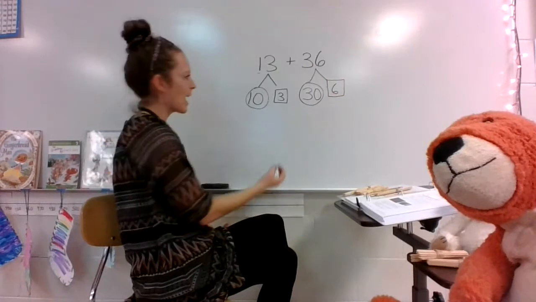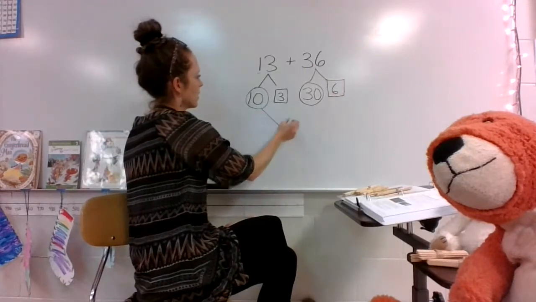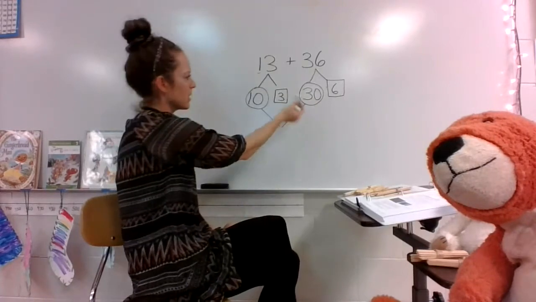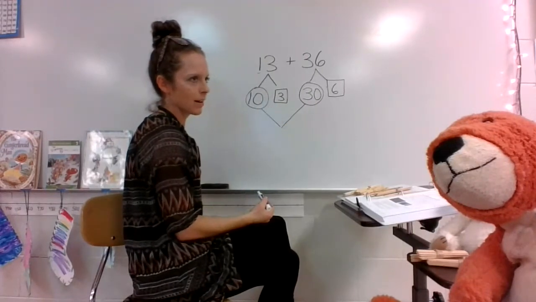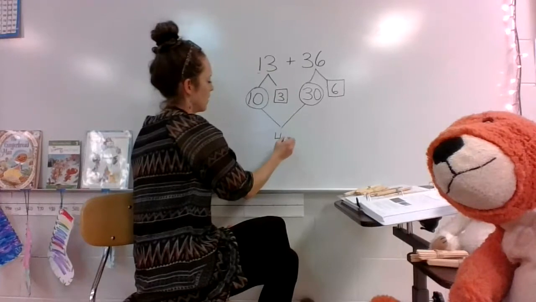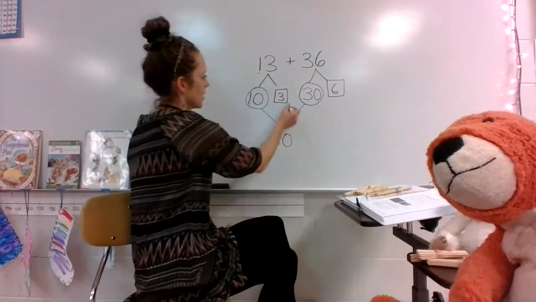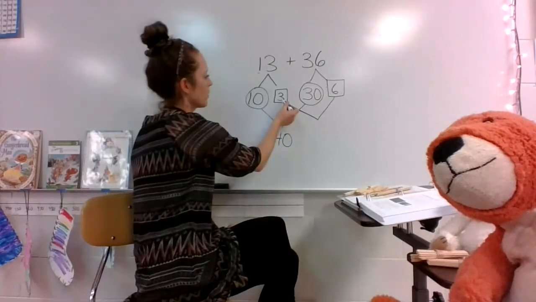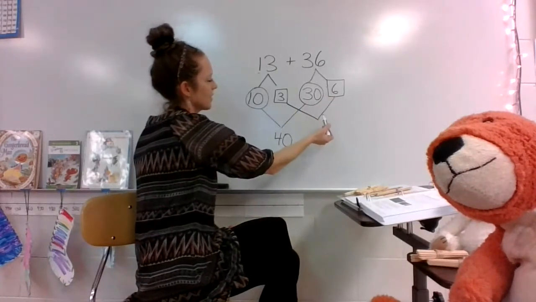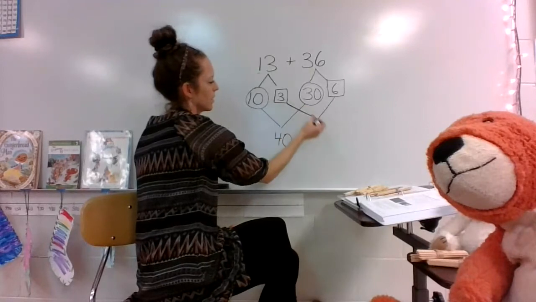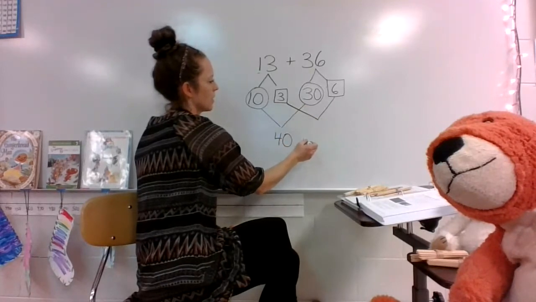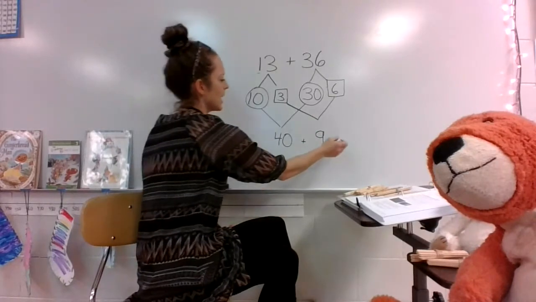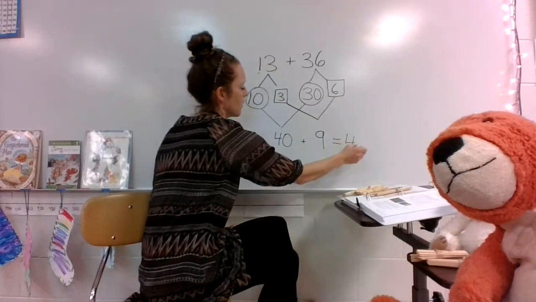Okay, now we're going to add the 10s together. 10 plus 30, or 30 plus 10, you can go either way, is 40. Now add the 1s. 3 plus 6. 7, 8, 9. 40 plus 9 equals 49.